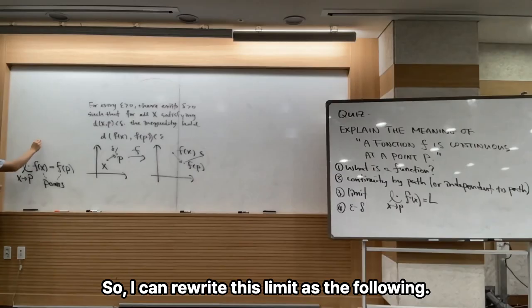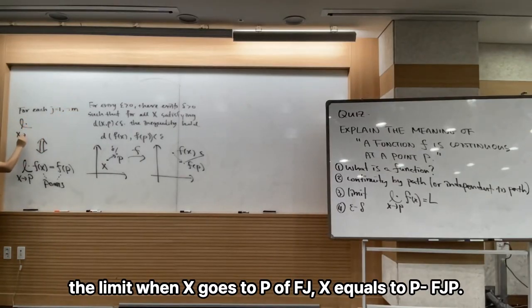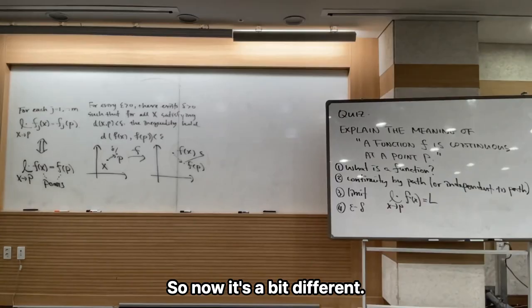So I can rewrite this limit as the following. For each j from 1 to m, the limit as x goes to p of f_j(x) equals f_j(p). So now it's a bit different.